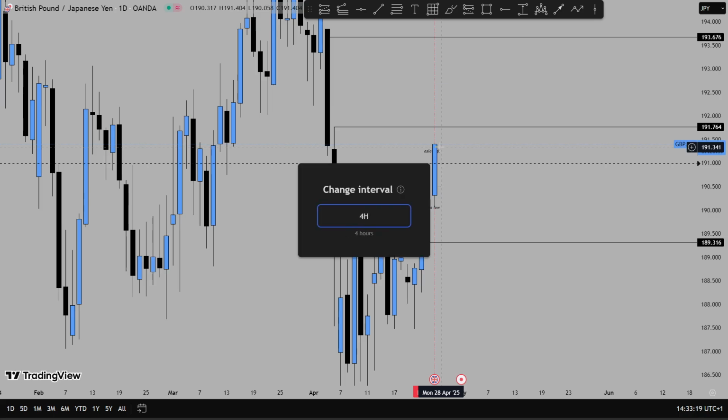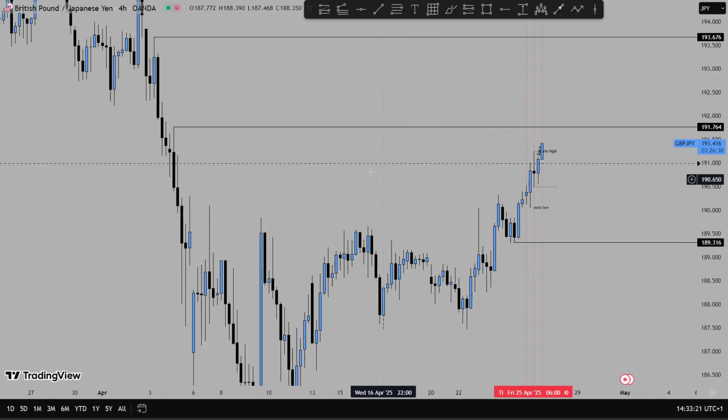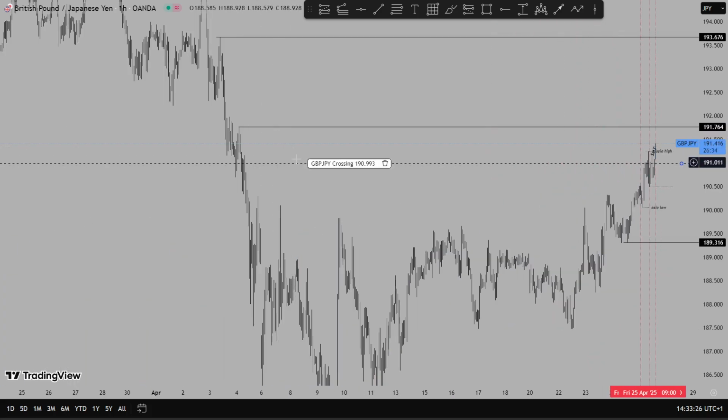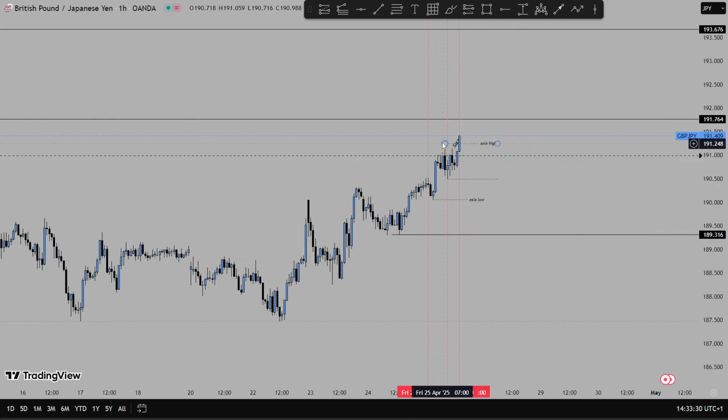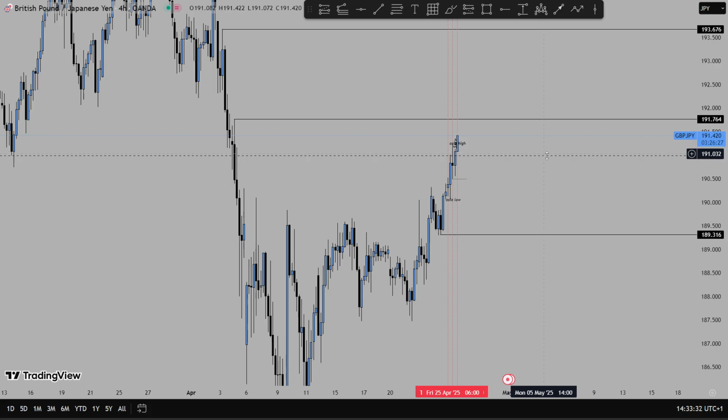Then if we scale down to the 4-hour, let me show you the highs and lows. We have these hourly highs, these hourly highs, these hourly highs, and on the 4-hour we have this approximate breaker block right here.